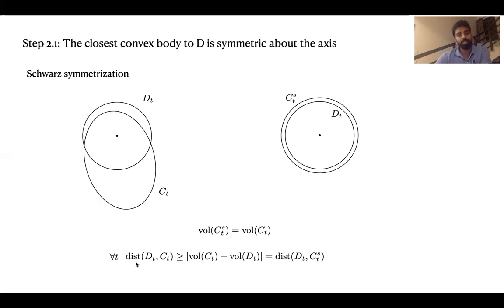So you can see that the symmetric difference is greater than the difference in volumes. Whereas in the second case, because both of them are balls, the volume of the symmetric difference would be exactly the same as the difference in volumes. So we get that the distance between DT and CT is greater than or equal to the distance between DT and CST. This is for all T. So essentially, the distance between D and C, which is the initial convex body we started with, is greater than or equal to the distance between D and CS, where CS is a symmetric body.